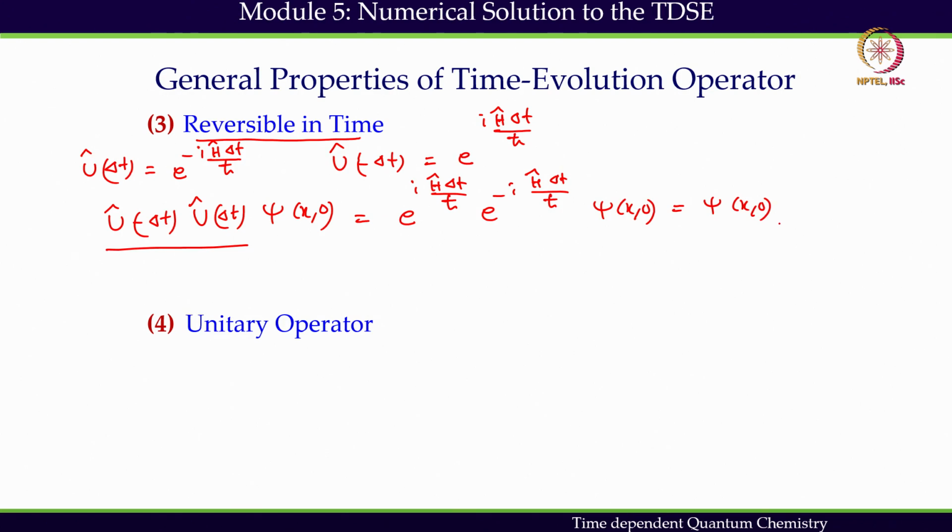So, what does it suggest? First I make a time advancement, then I make one backward propagation in time. One forward propagation, one backward propagation, in the end giving me back this wave function. That is why it is reversible in time.